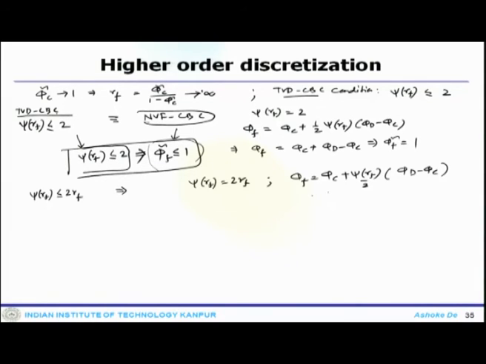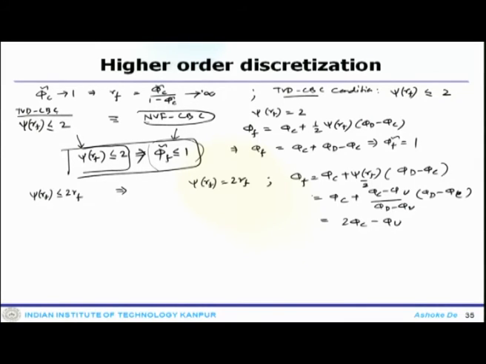That will get you phi c minus phi c by phi u, phi d minus phi u multiplied by phi d minus phi c, that is 2 phi c minus phi u.